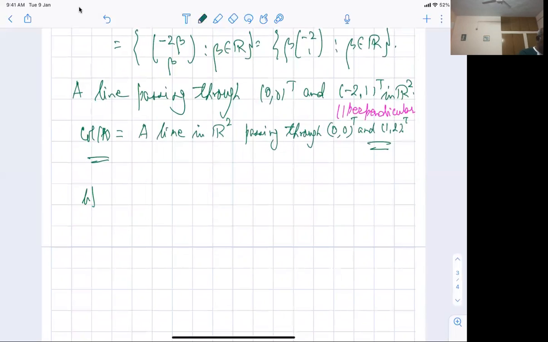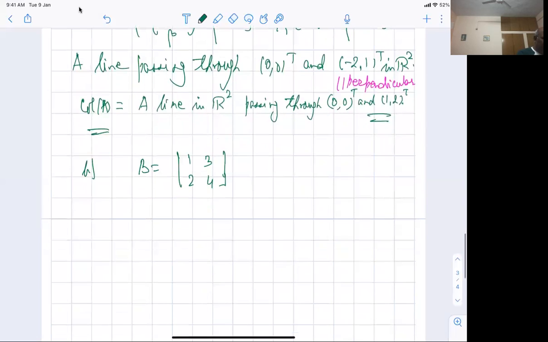So I have taken A as this. I take another matrix B as 1, 2, 2, 4, or say 2, 6 here. So in my notes I have written it as 1, 3, 2, 4. Fine.